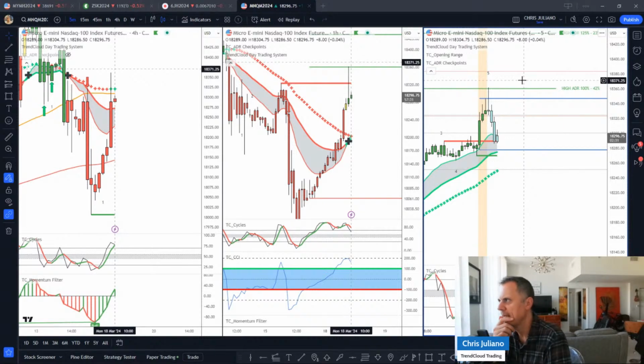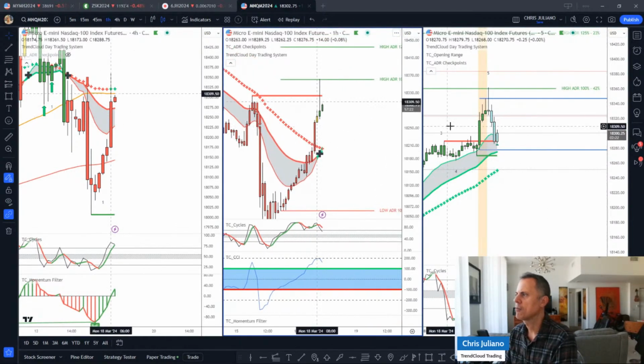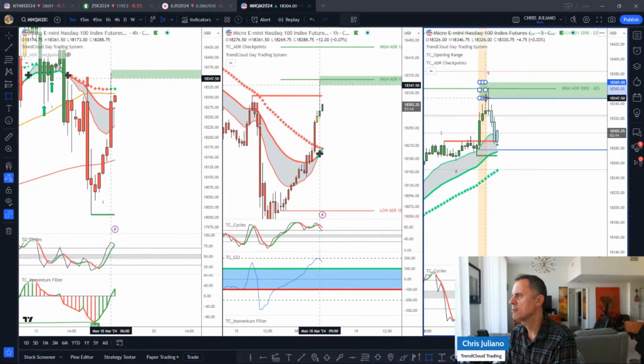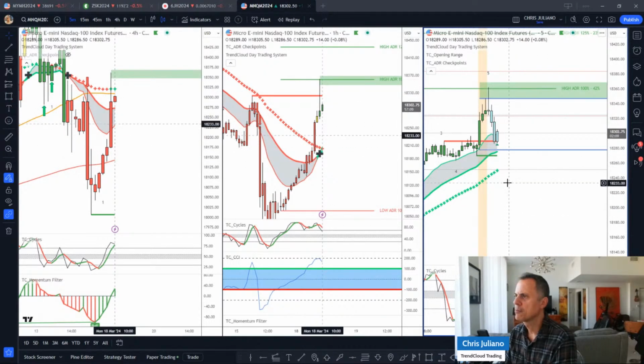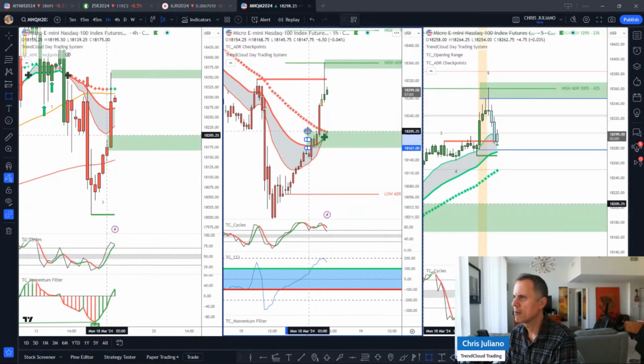We hit the average daily range, and we are now extended. So what I'm thinking is it's going to retest this area up here for right now, but we need to pull back deeper. And look what we've got here. I like that right there.